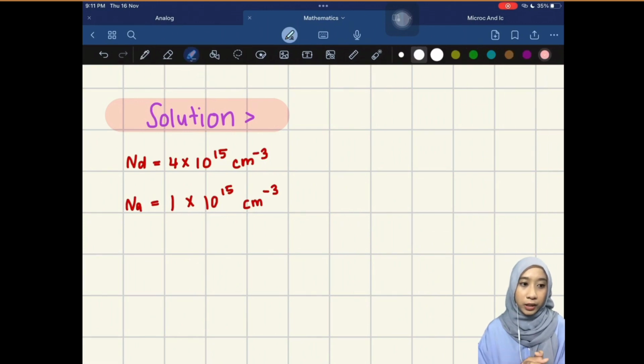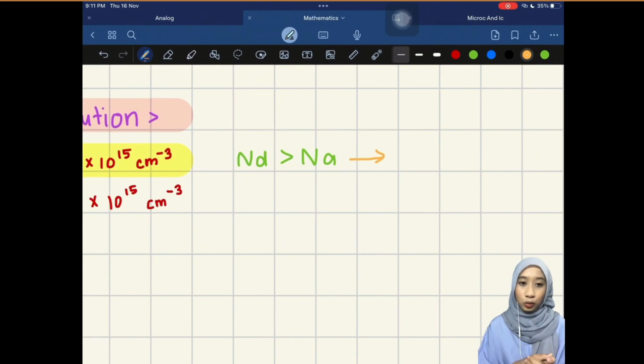We have here the electron density, which is Nd, and the hole density, which is Na. In this question, Nd is greater than Na, so we can assume that this is N-type silicon.